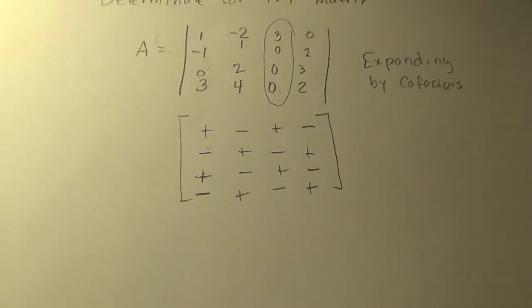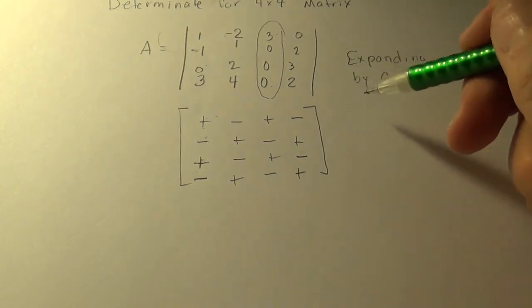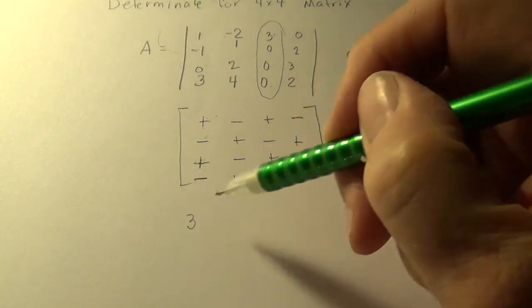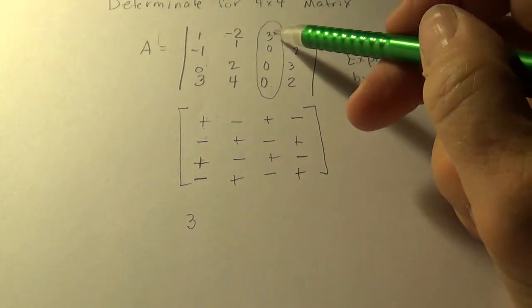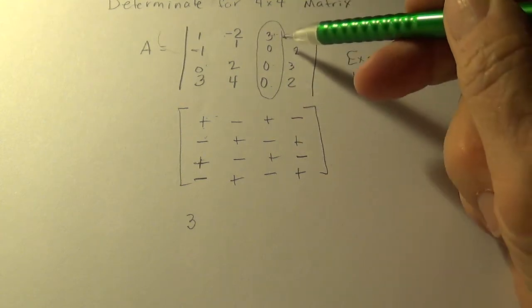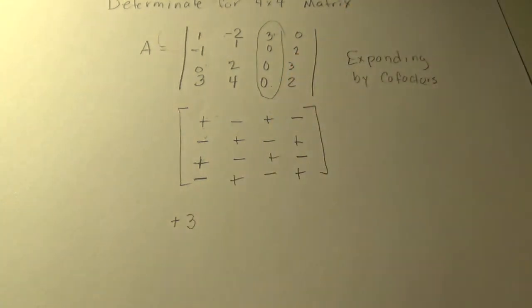I can do this. Alright, so keeping that in the screen a little longer, I'm going to pick the 3 and put it here. And it's going to be associated with the corresponding sign in our map. So this spot was held by a plus, so we're going to get a +3.